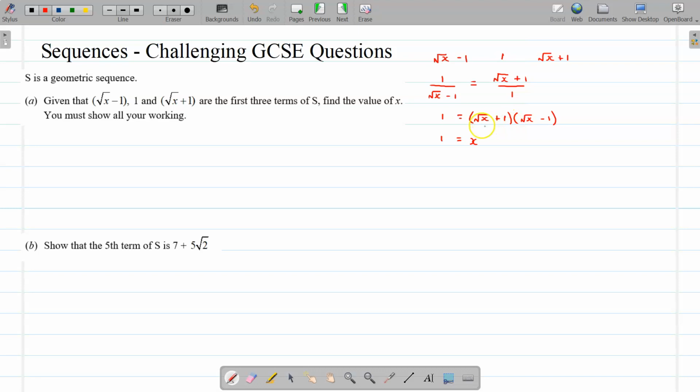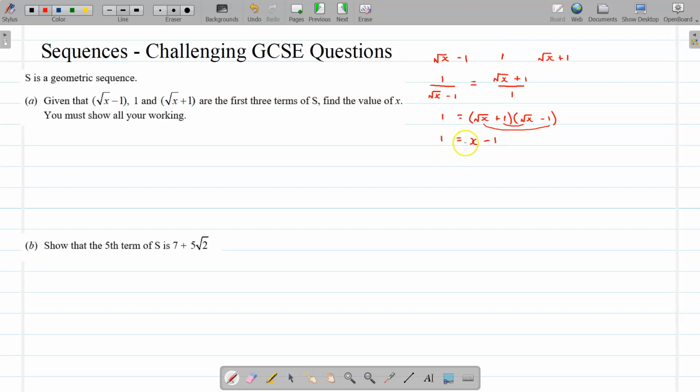So that times that is minus root x, and that times that is plus root x. But when you combine them, they cancel out. So you're left with just the first term, which is x, and the last term, which is 1 times minus 1, which is minus 1.